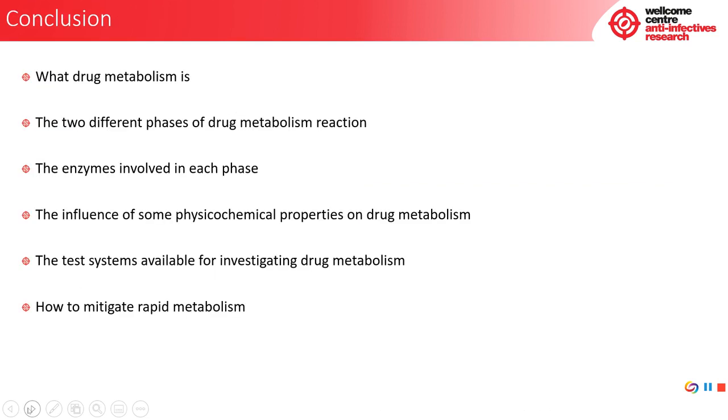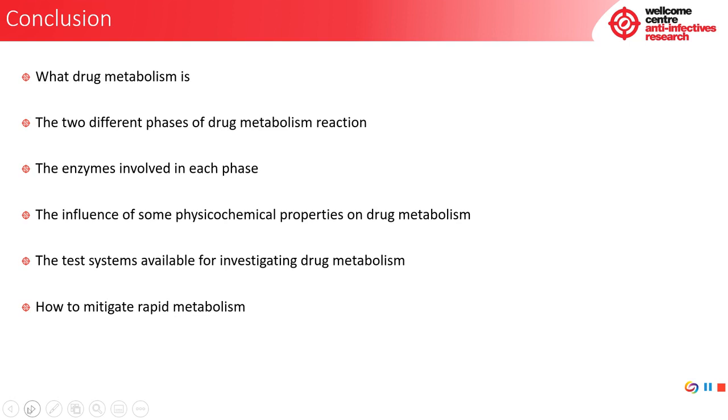In conclusion, we have learned that drug metabolism is an enzymic process rather than a spontaneous process. There are two different phases of drug metabolism reaction, namely phase 1 and phase 2. The enzymes involved in each phase have also been covered, the chief of which is cytochrome P450 for phase 1 and UGT for phase 2.